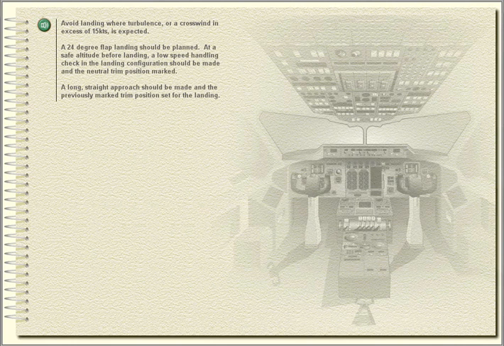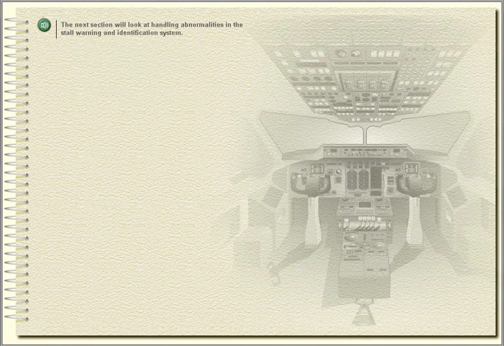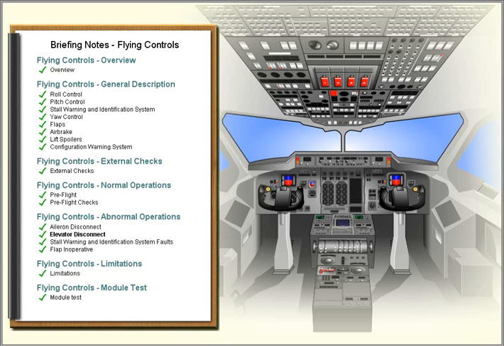A long, straight approach should be made and the previously marked trim position set for the landing. The next section will look at handling abnormalities in the stall warning and identification system.